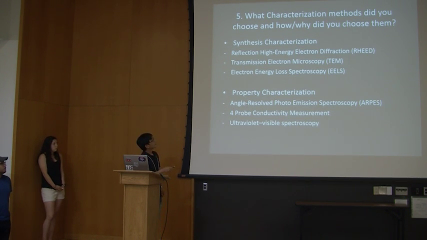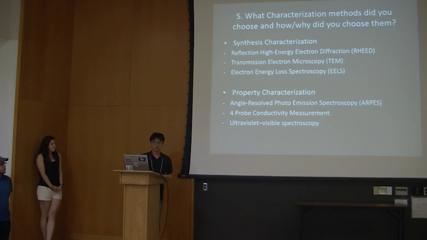And EDS, which is normally attached to the TEM, can tell us the chemical composition inside the material. Then for the property characterization, we chose ARPES, four-probe conductivity measurement, and UV-visible spectroscopy.